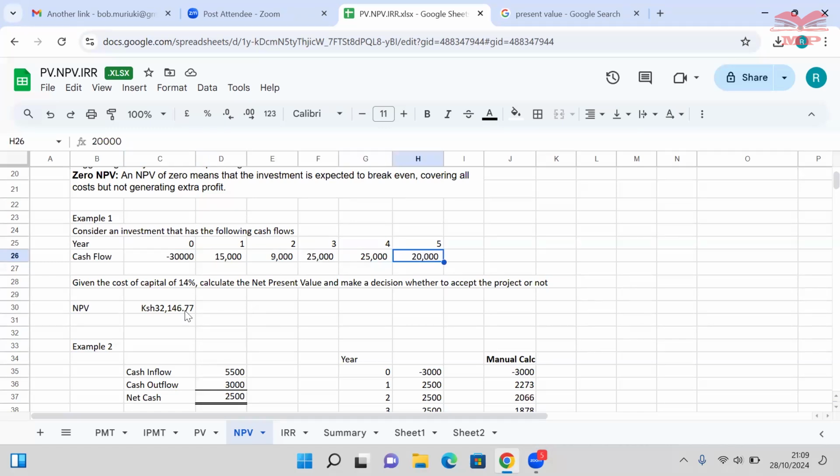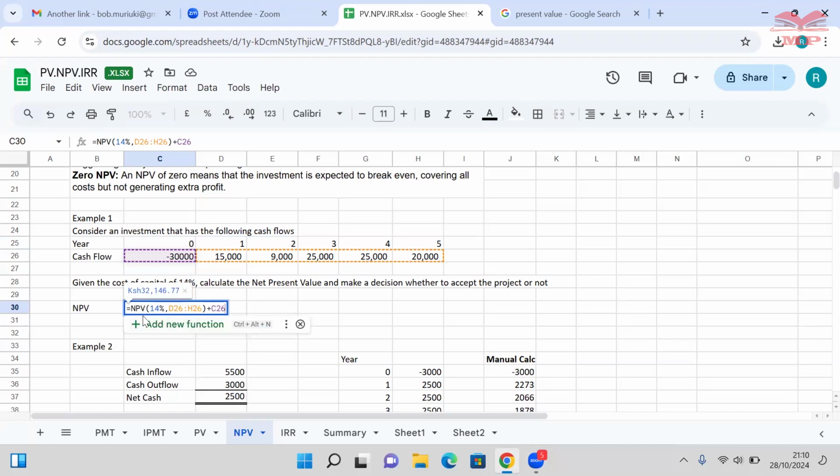Okay. And like I've said, this formula is pretty straightforward. The more important thing is to be able to interpret it correctly. What does this figure mean when you get it? Okay. So how do we use the net present value formula? Again, we'll start with equals to, then NPV.